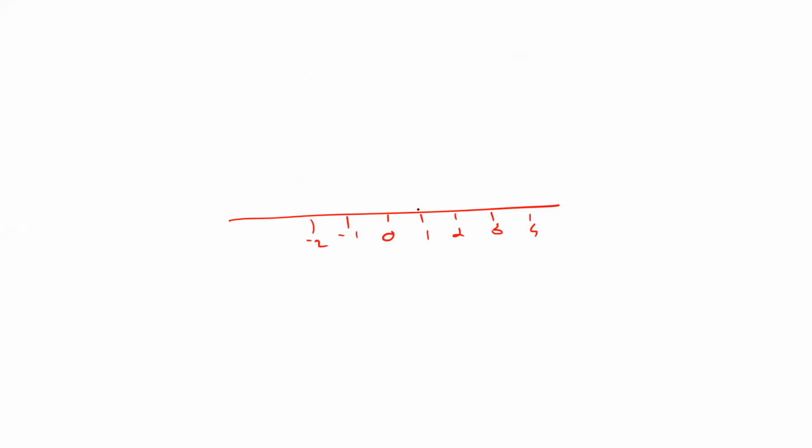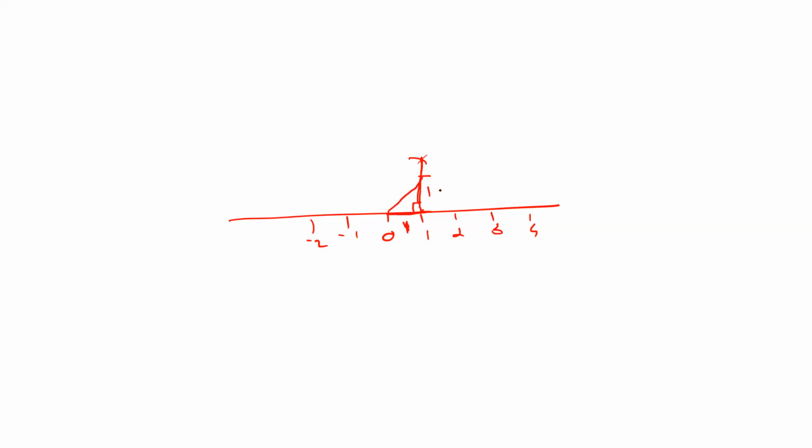Then draw a perpendicular. How to draw a perpendicular from 1? Using a compass, or you can use a protractor. Then whatever 1 centimeter you took here, the same 1 centimeter here also. Then join it. So this length is 1, this length is 1.